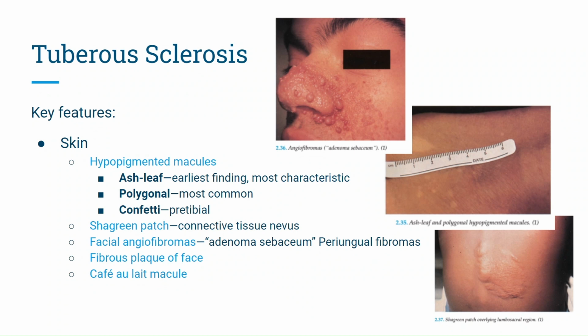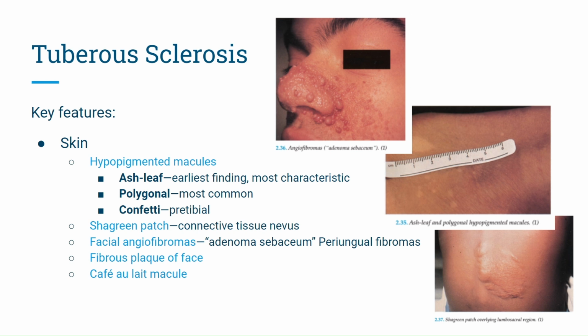The features in this are different to a degree from NF1, so it's good to keep these separate. Ash leaf spots are the earliest, most characteristic finding. Those are hypopigmented macules. You can also see polygonal or confetti hypopigmented macules. You can see a connective tissue nevus, also known as a shagreen patch.